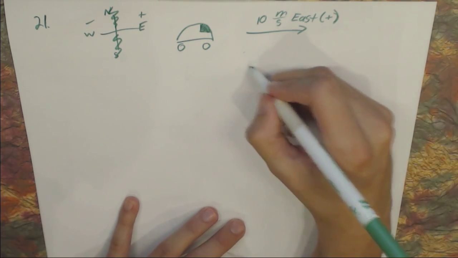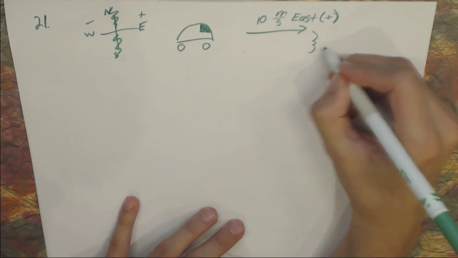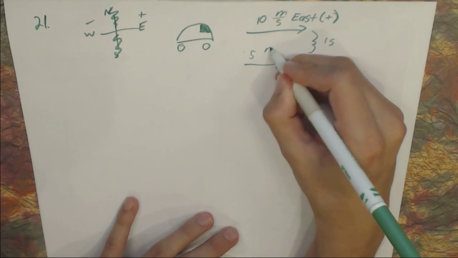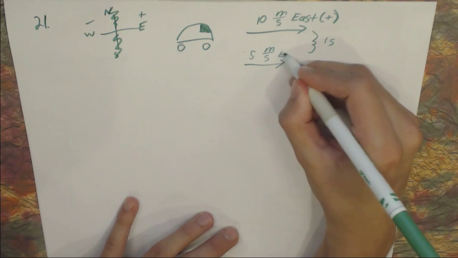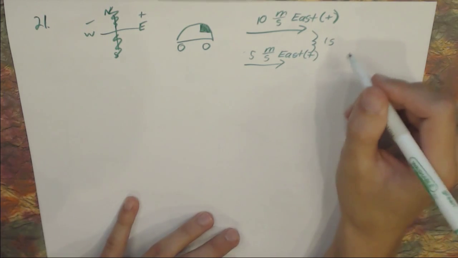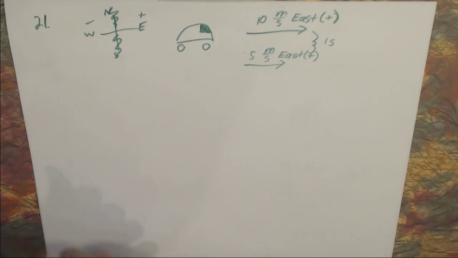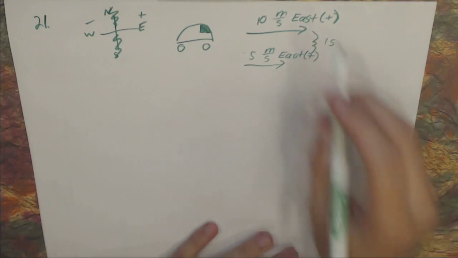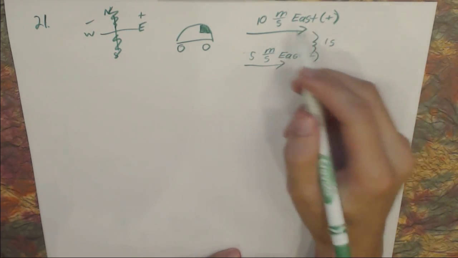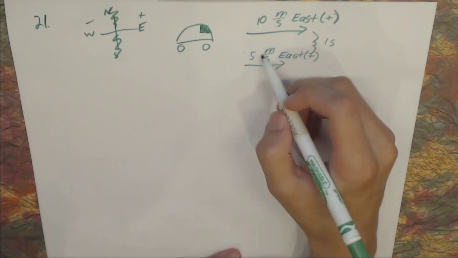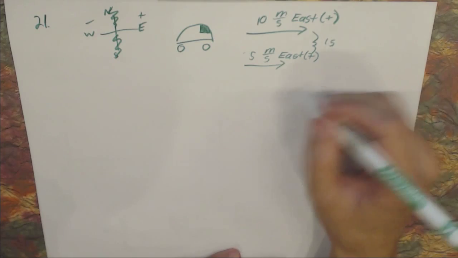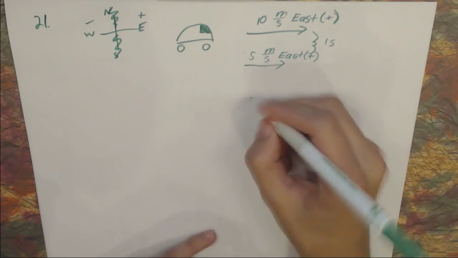And then let's say 1 second later, it has a velocity of 5 meters per second east, which is also positive. But in that time, the car is traveling eastward, so it's traveling in the positive direction, but its acceleration is negative because the velocity decreased. So the acceleration is in the westward direction.